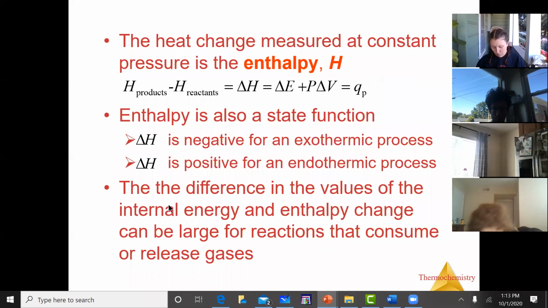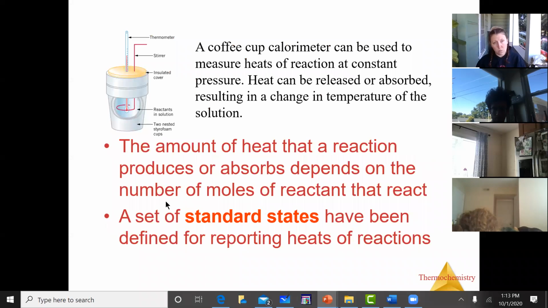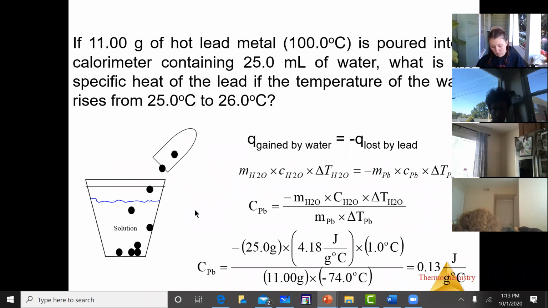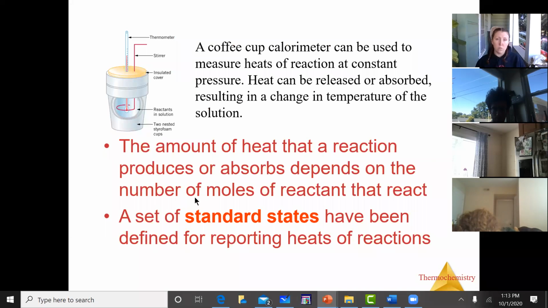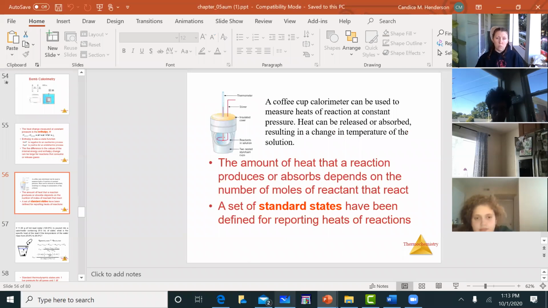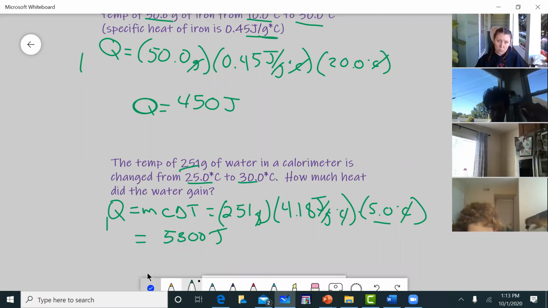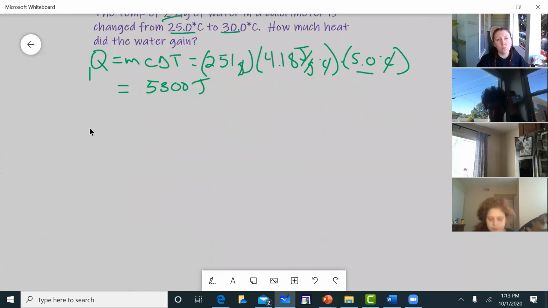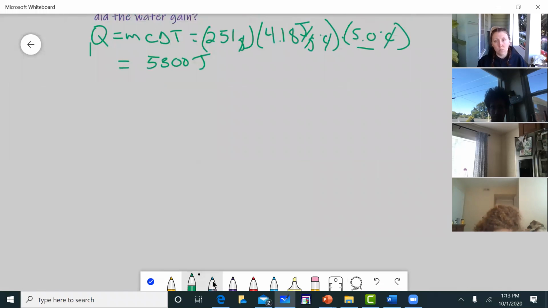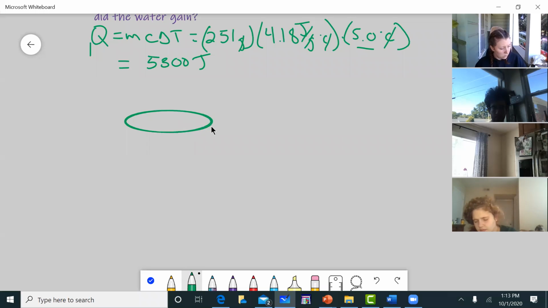So let's see. This is where I want to go next. I'm going to just draw a little picture over here to help out. So we've got our calorimeter, which is just a styrofoam cup pretty much.